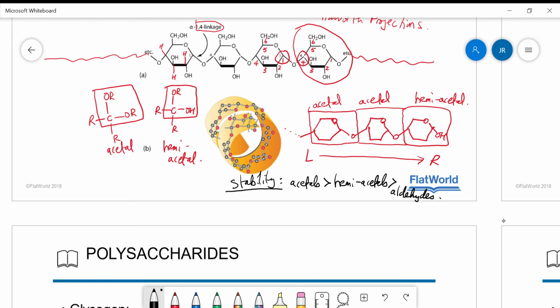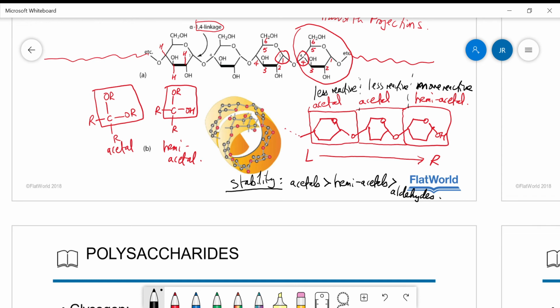So if we look at this sequence of polysaccharide here, this acetal is less reactive. But then this is more reactive. The hemiacetal is more reactive in the sense that it's capable of opening up into its Fischer form.